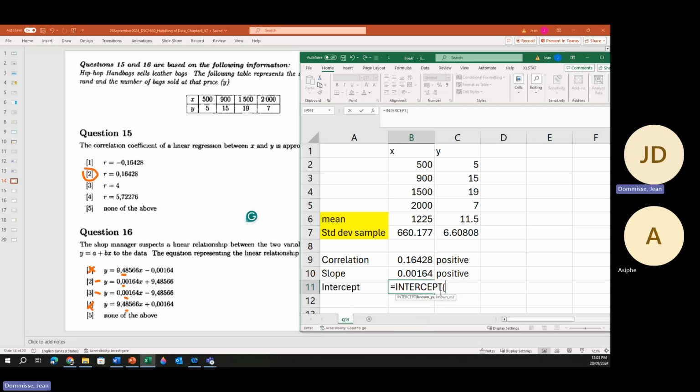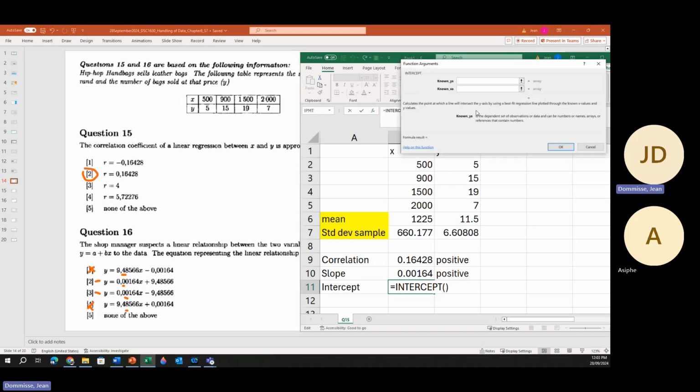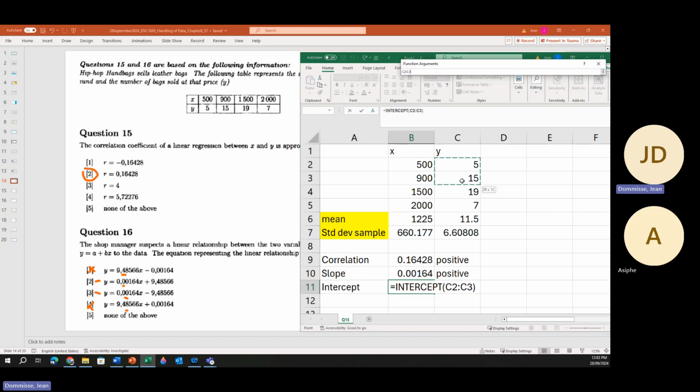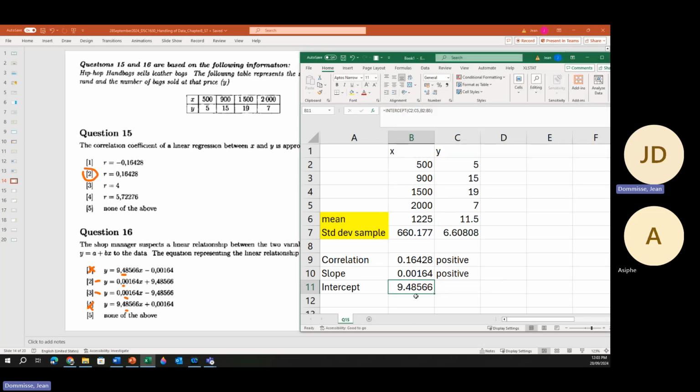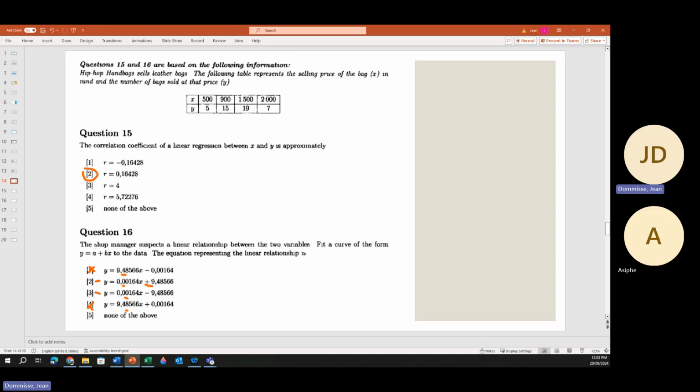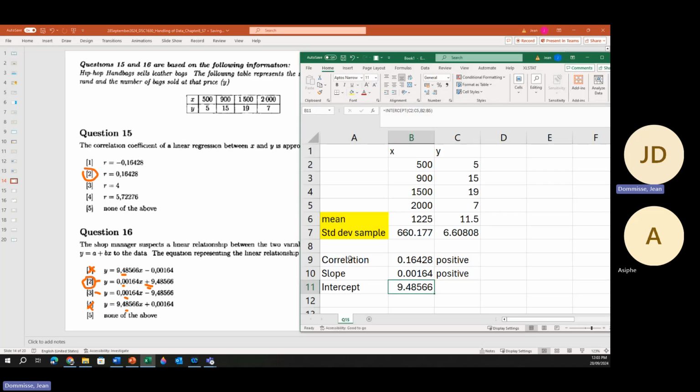If we look at the intercept, again very important, we do the y first, the x's second, and then if we work out the intercept, we see it's positive 9,485. So there is the positive. That will be our answer for question 16.